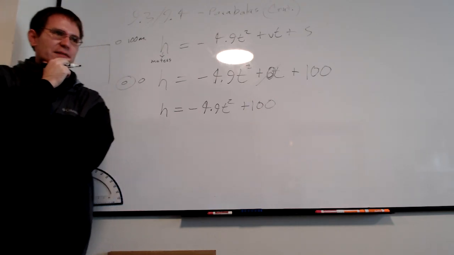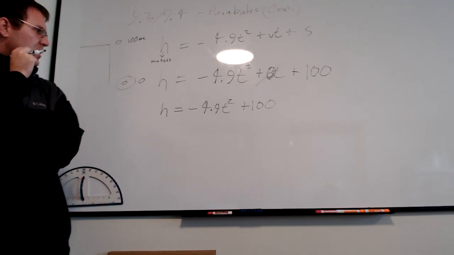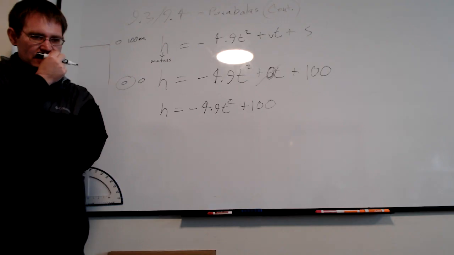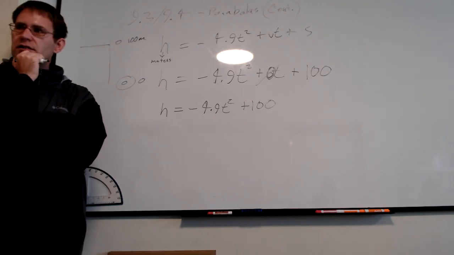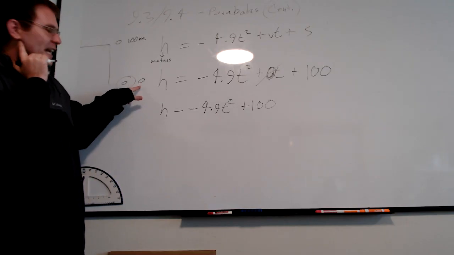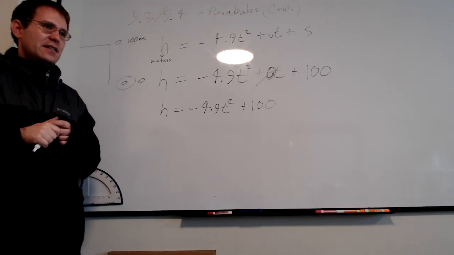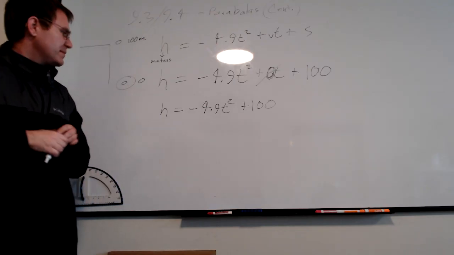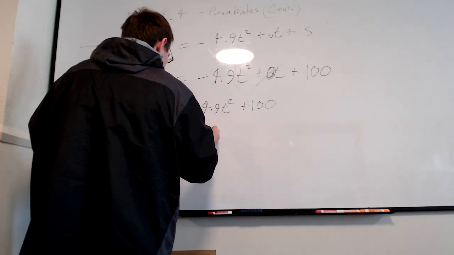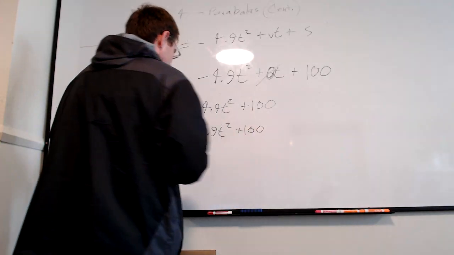How would we set this up for that problem? I don't think we have to make a table for this one. So what do we know? We're looking for a height of 0, so you just replace the height with 0. Solve it. It's that simple. You just go 0 equals negative 4.9 t squared plus 100.